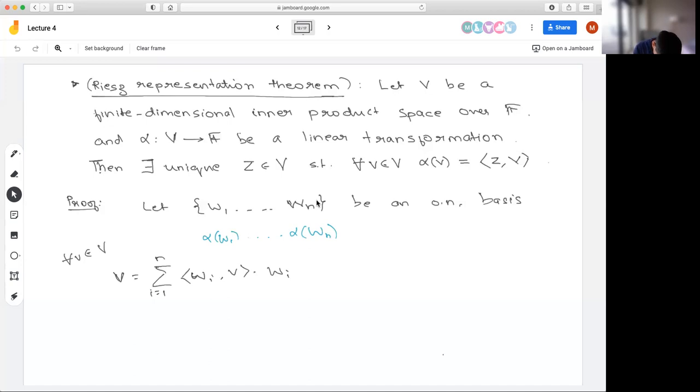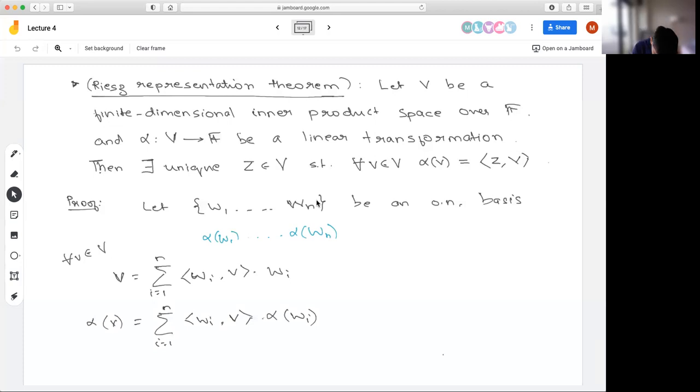And because this is a linear transformation, by linearity, we can say that this is equal to, you can express it in terms of the values of alpha on the basis elements.